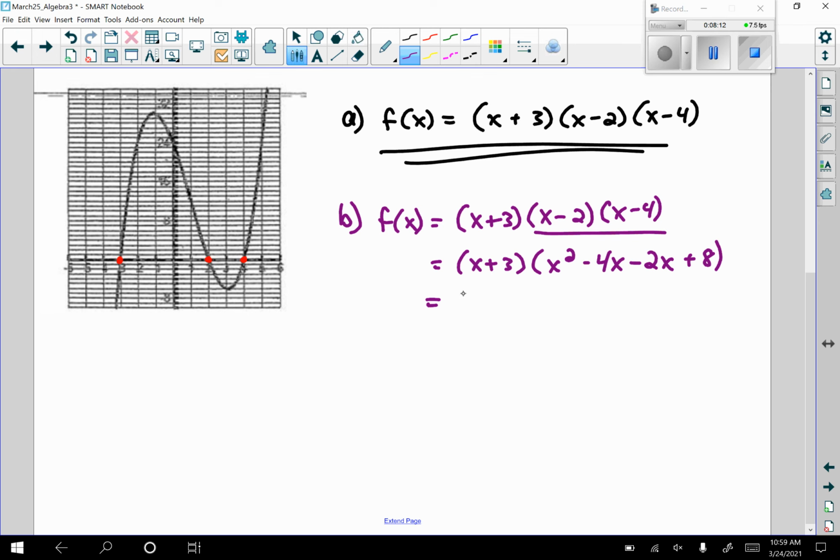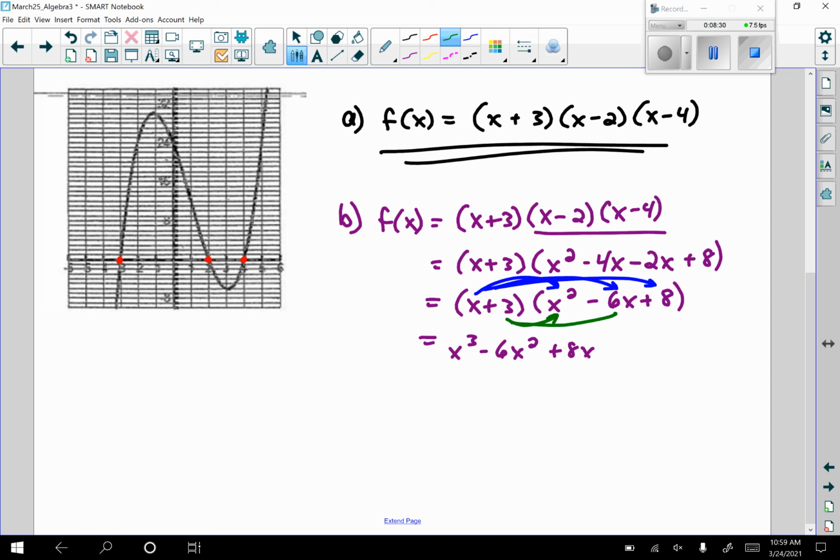I'll combine the like terms here, so we get x plus 3 times the quantity x squared minus 6x plus 8. And then very carefully, I want to distribute the x first. So this will give us x cubed minus 6x squared plus 8x. And then I'll distribute the 3. So this will give us plus 3x squared minus 18x plus 24.